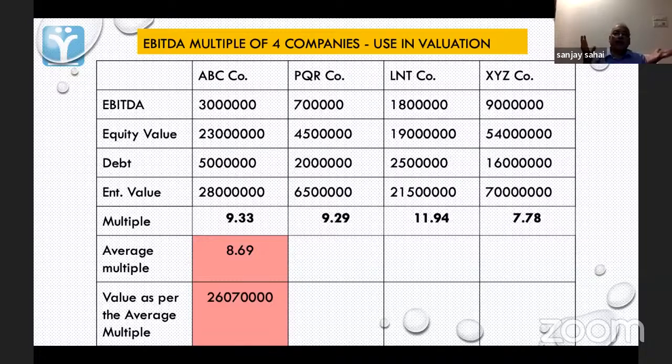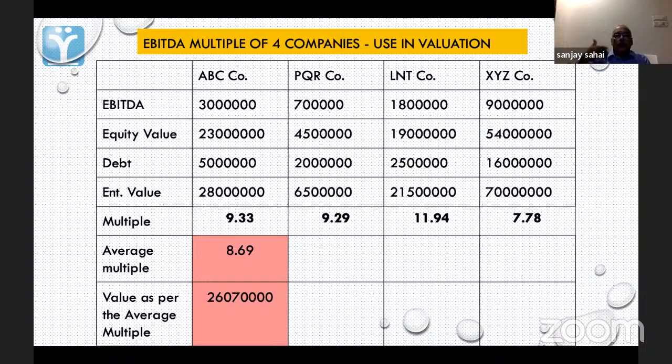If I look at the EBITDAs of other companies in the same industry, the average is 8.69. So if I multiply this average with the EBITDA of my company, I get a value which is different from the value that I had before.